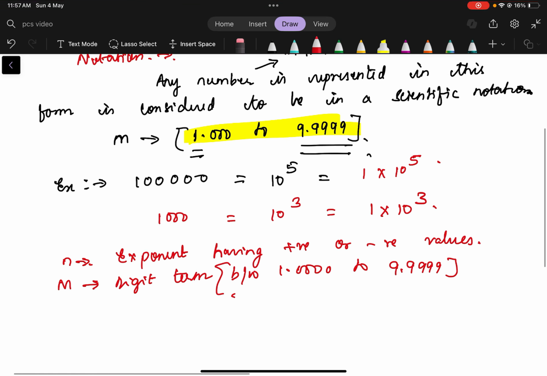So let us take a few more examples and understand the scientific notation. We have the value 0.00165.